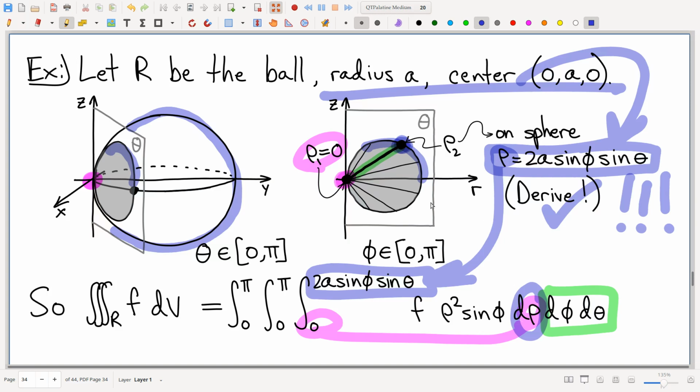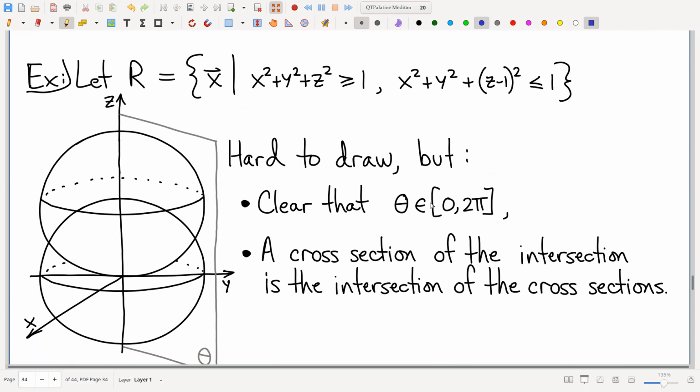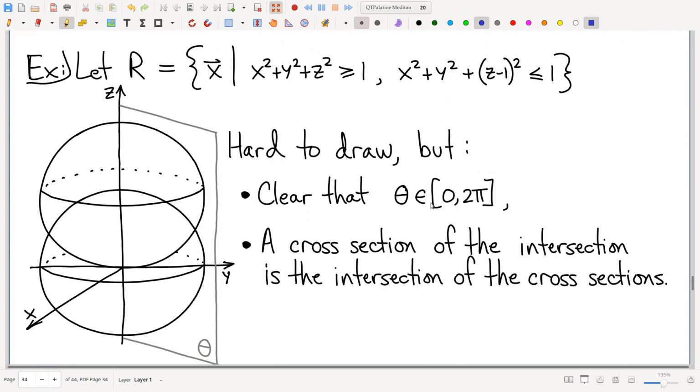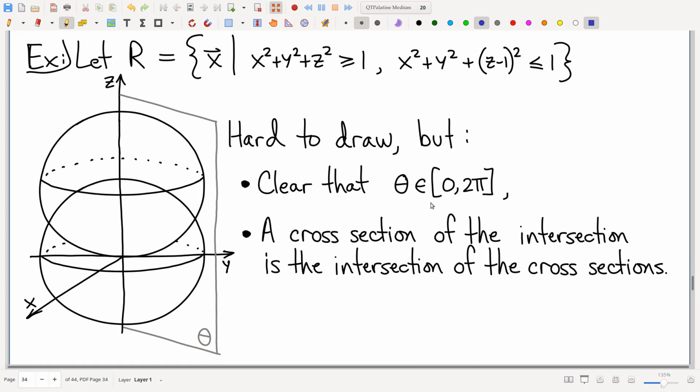Okay. Last example. This is mostly a matter of the artistic trick that is really useful in this example. I want to point out this is really hard to draw, which is part of the reason that I feel like we're going to need the artistic trick I'm going to show you.